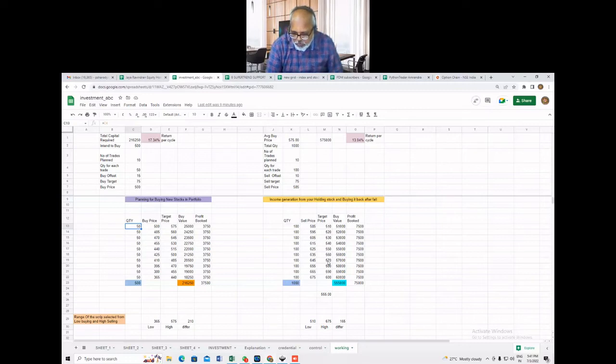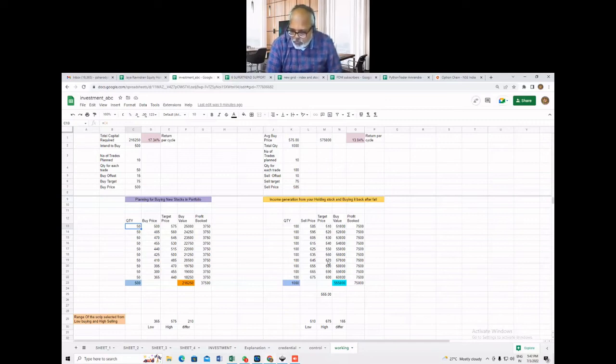So if the market moves up or down, there will always be some trade in your account. You don't have to worry about the number of trades happening in your account, but the target and offset will vary with each individual's interest. He can put any value that he wants, but the preference would be that the new buying that happens should always be lower than your previous average price, so that you get some benefit in the new average price.